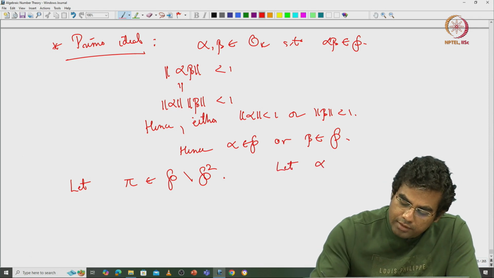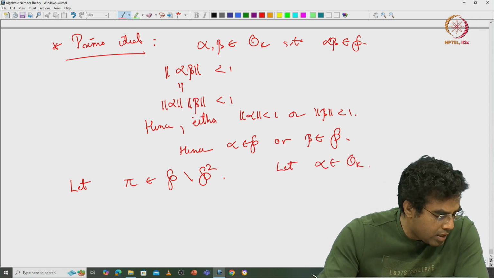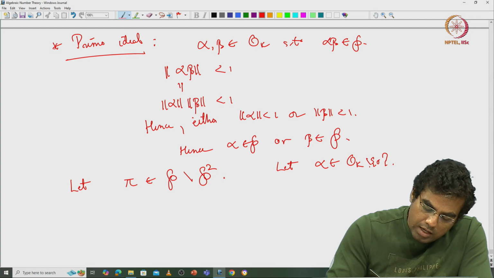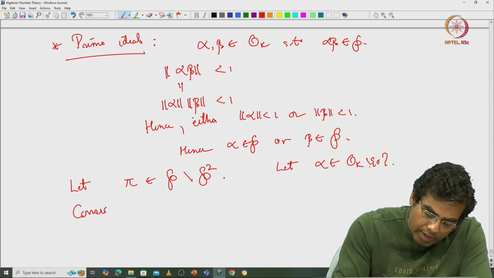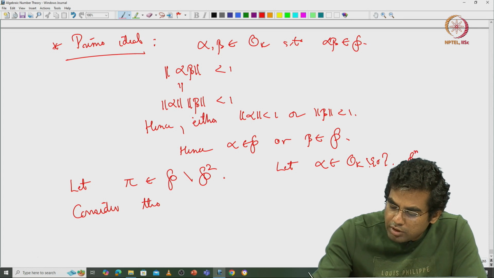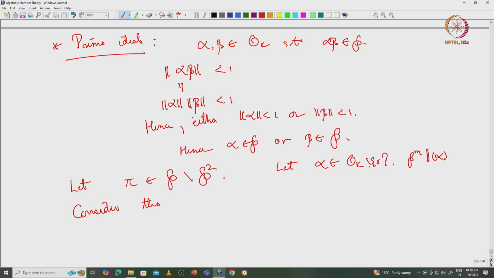So let alpha be any element of OK minus 0. Then if I consider the fractional ideal, let P to the m be the largest power of P dividing alpha. Consider the fractional ideal alpha by pi to the m.